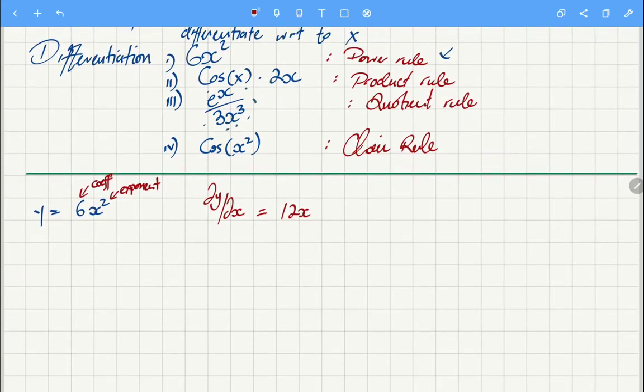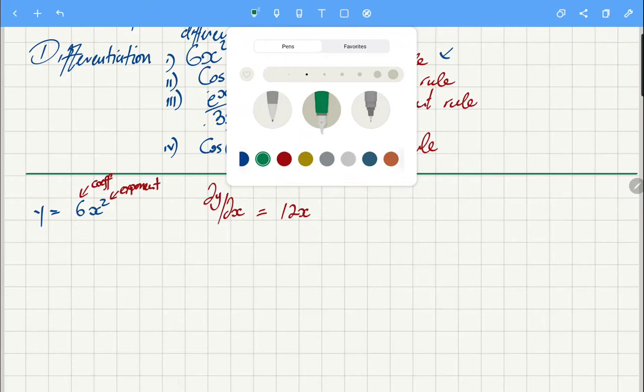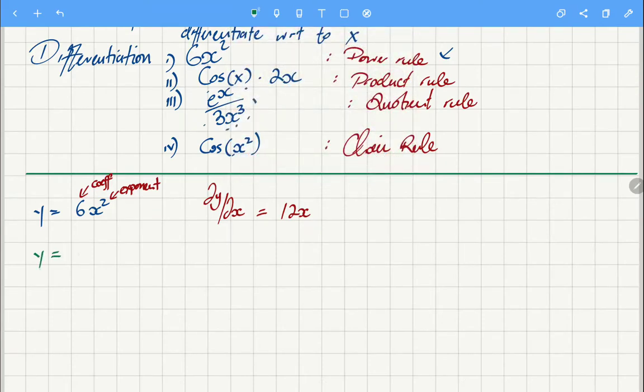Okay, and then my second function will be y equals cos x times 2x. So here we're going to be using the product rule. So the product rule is du over dx times v plus dv over dx times u.